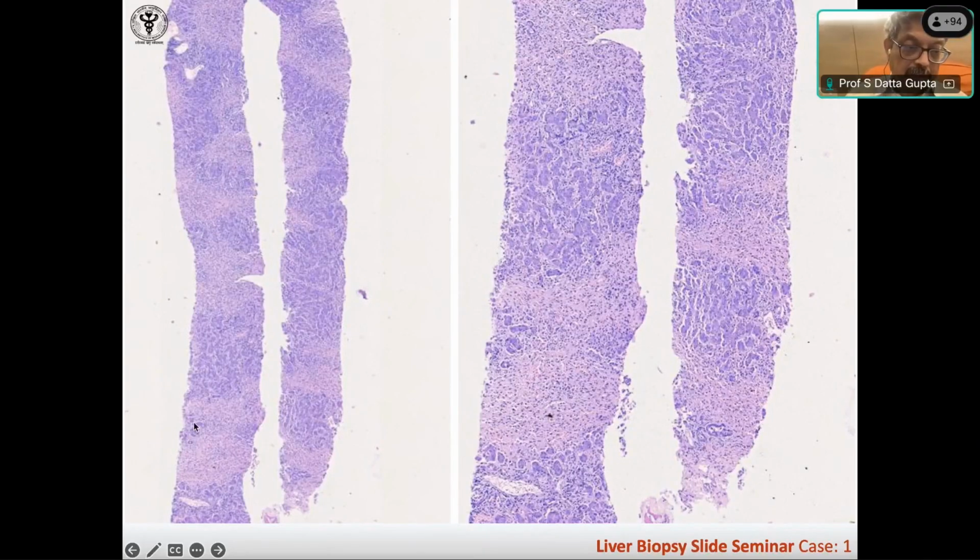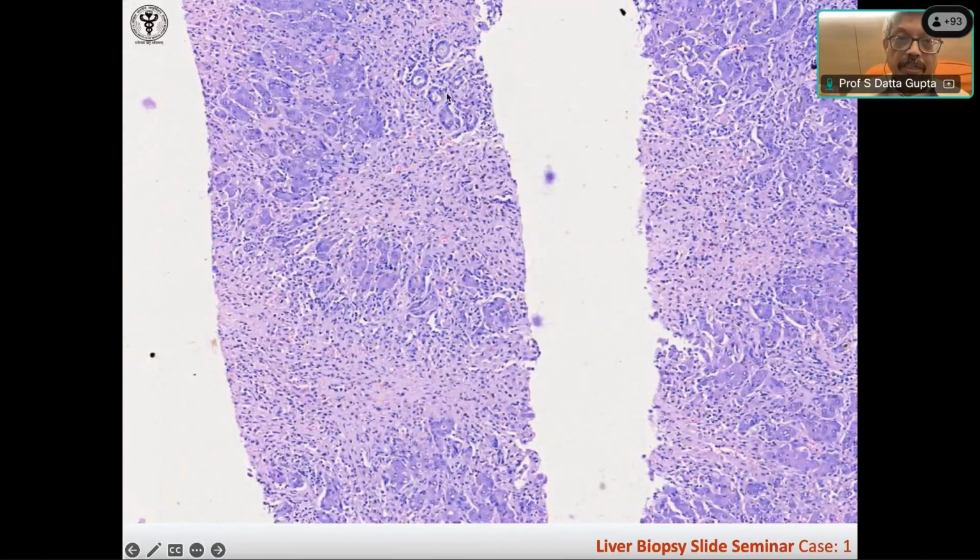Such wide ones nearby, maybe portal tracts, we don't know. In higher power, you're finding these bile ducts here, and there's something inside, so that must be bile, cholestasis here, right?